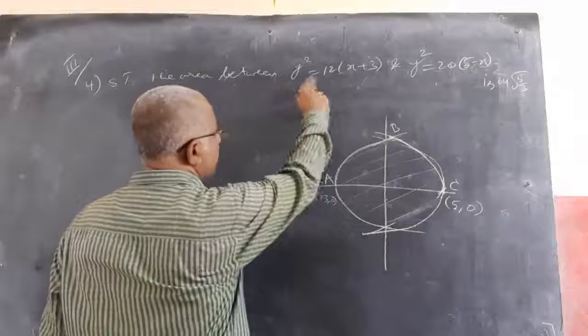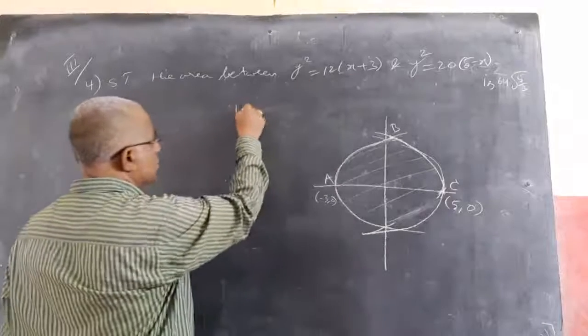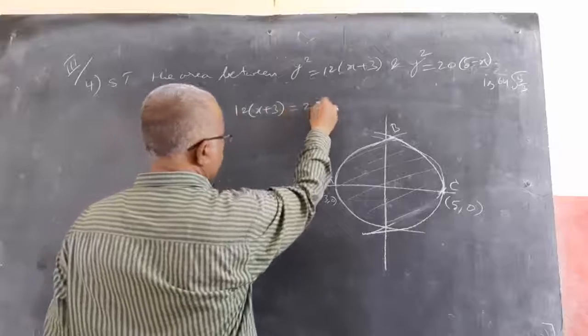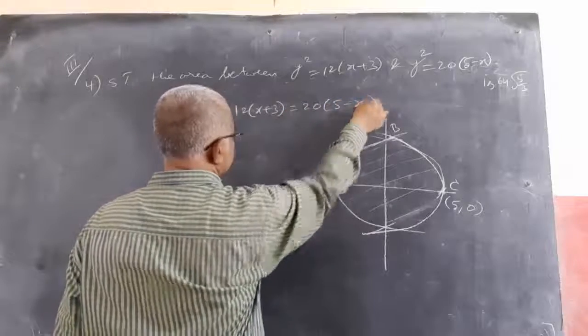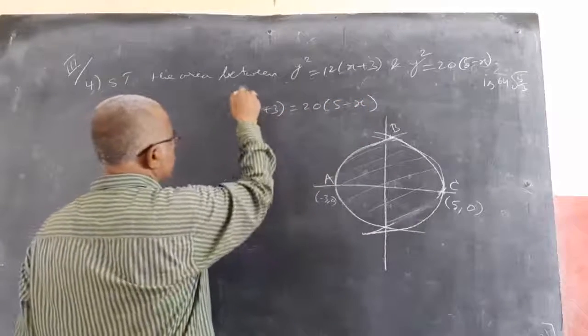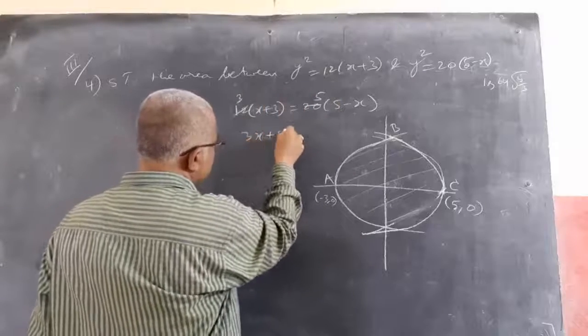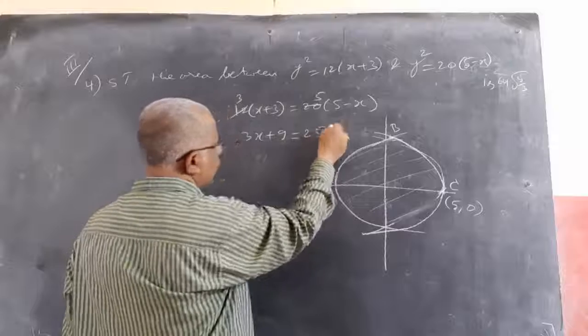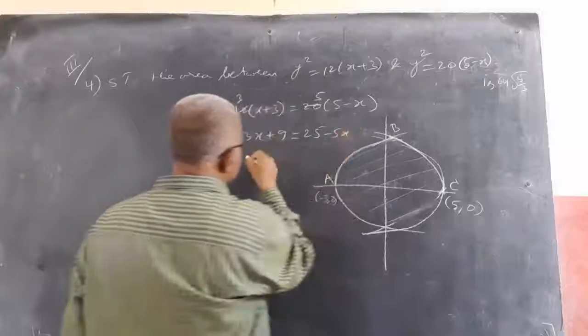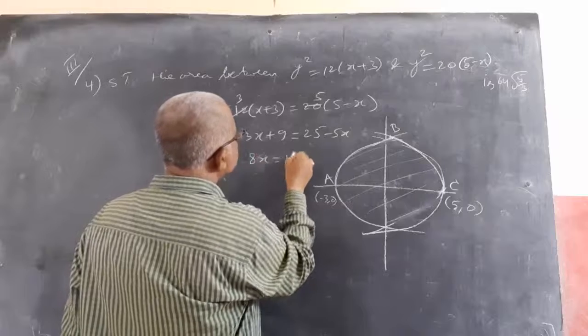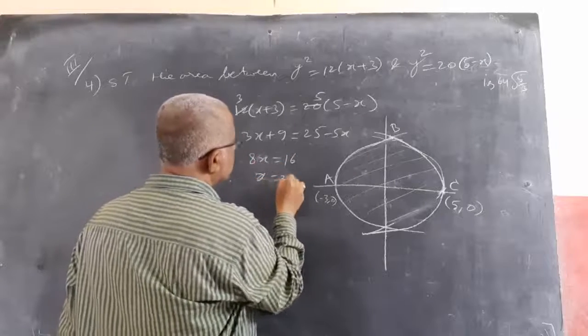So find that point, means making equal. So 12 into x plus 3 is equal to 20 into 5 minus x. Simplifying, 4 threes are 12, 4 fives are 20, can cancel. 3x plus 9 equal to 25 minus 5x. So 8x equal to 25 minus 9, 16. x equal to 2.